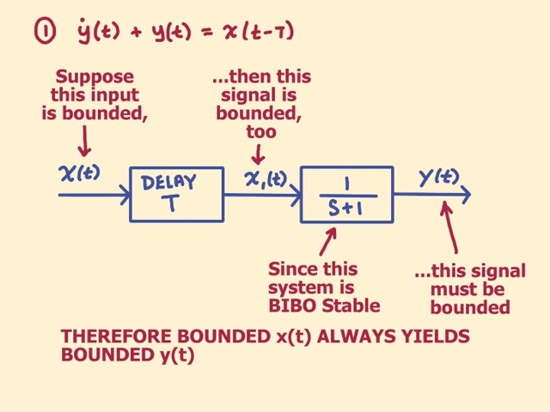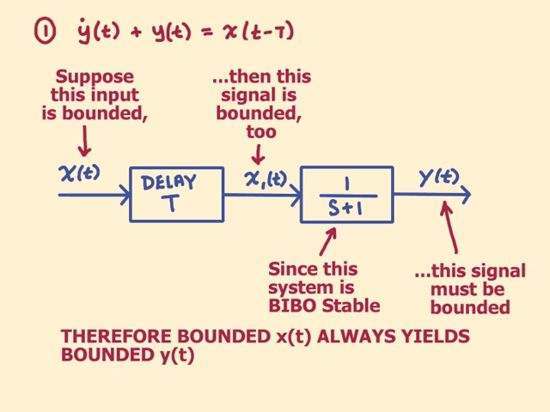Then we'll find out the relationship between y of s and x1 of s is 1 over s plus 1. Now, if we look at these two different blocks, we'll notice the 1 over s plus 1 block is bounded input, bounded output stable because it has its pole in the left half plane.